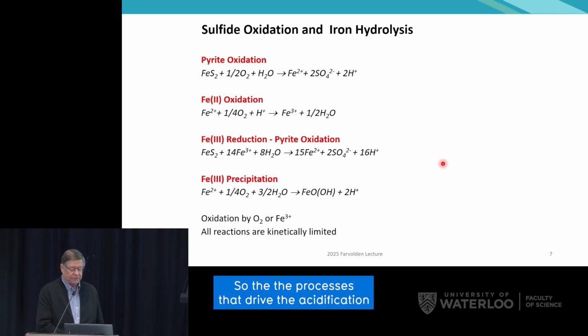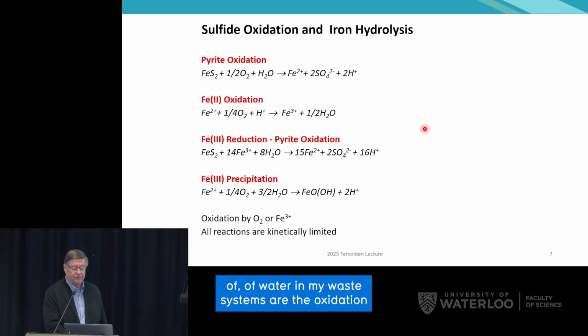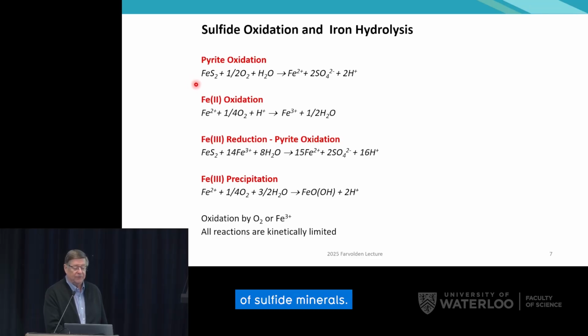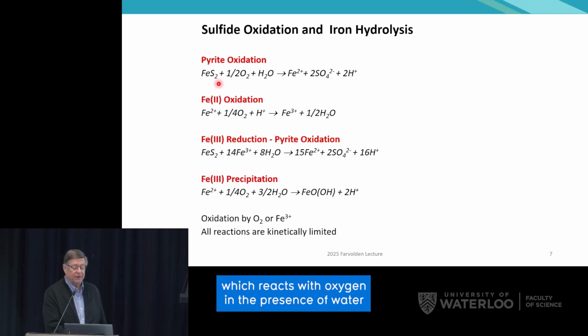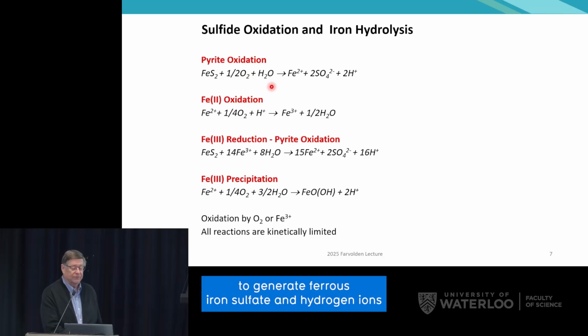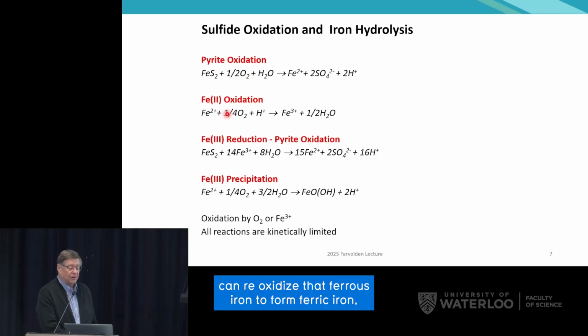The processes that drive the acidification of water in mine waste systems are the oxidation of sulfide minerals. In this case, it's pyrite, which reacts with oxygen in the presence of water to generate ferrous iron, sulfate, and hydrogen ions. It can re-oxidize that ferrous iron to form ferric iron, which can also oxidize pyrite to generate further sulfate, ferrous iron, and hydrogen ions.